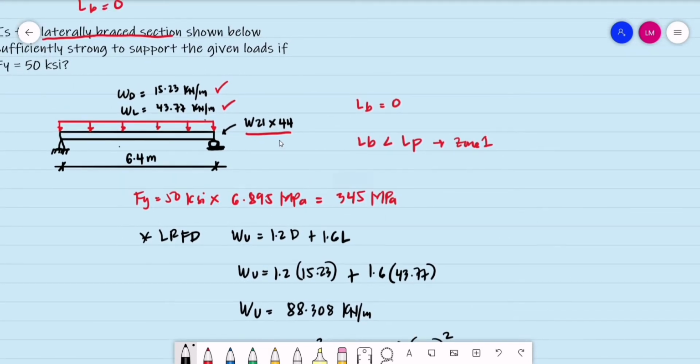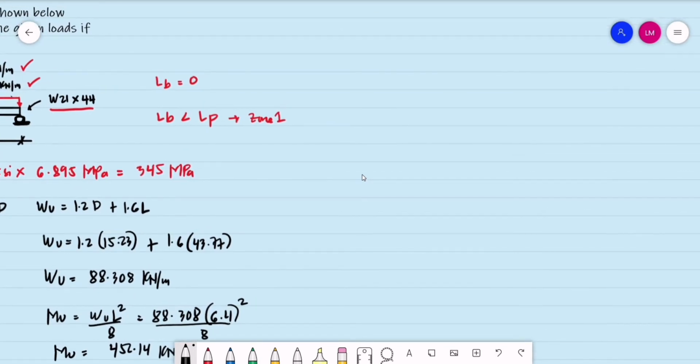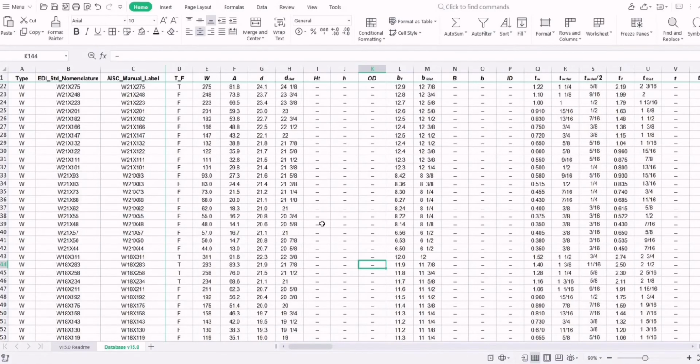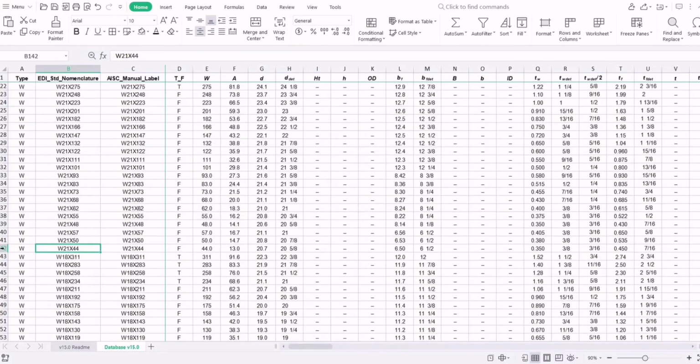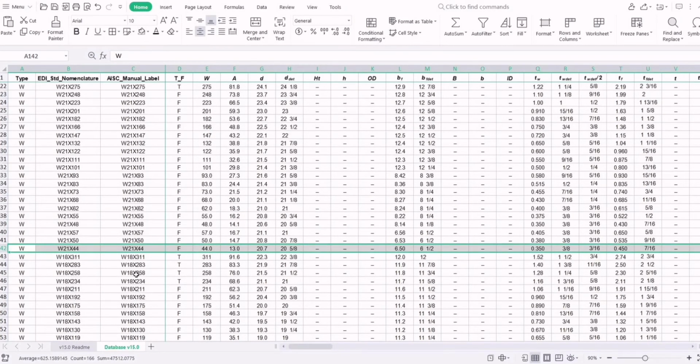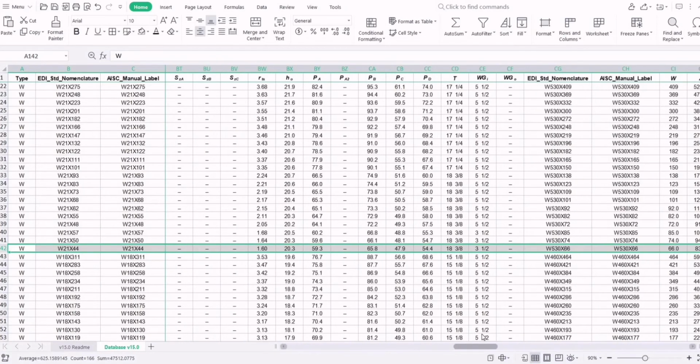Okay, now let us check the properties of a W21 by 44 if it is compact. Let's have the properties in millimeters.